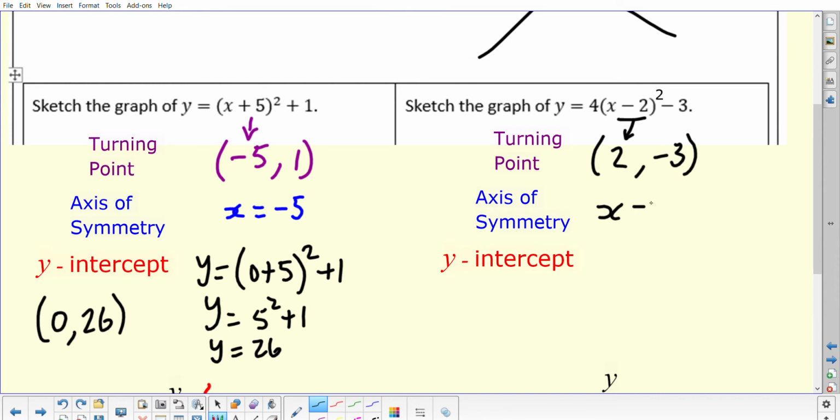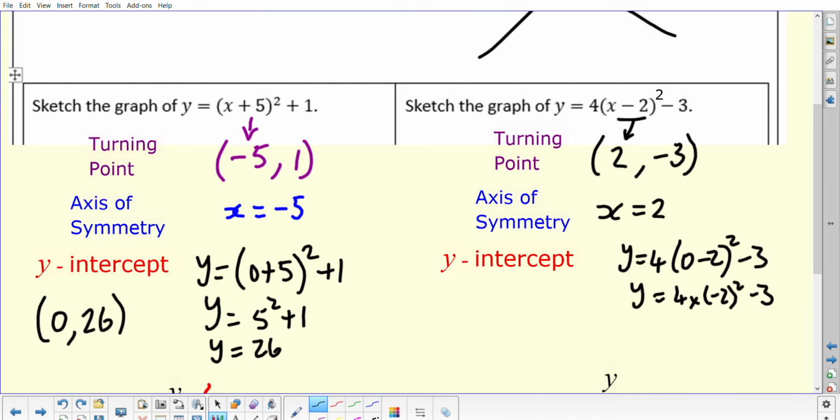Axis of symmetry is x equals 2, and your y-intercept, you will need to sub in x equals 0, so you get 4 times (0 minus 2) all squared minus 3, so we're going to have y equals 4 times -2 squared minus 3, that's going to be 4 times 4 is 16 minus 3 is 13, so my y-intercept will be the point (0, 13).